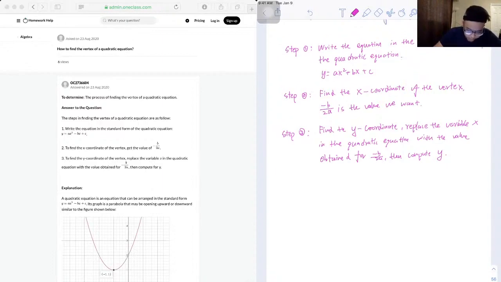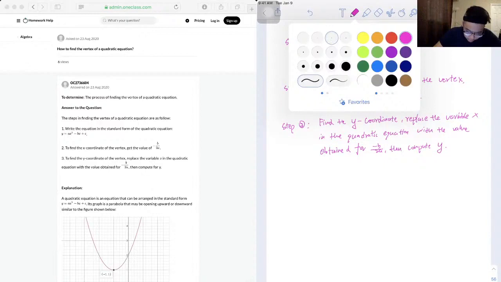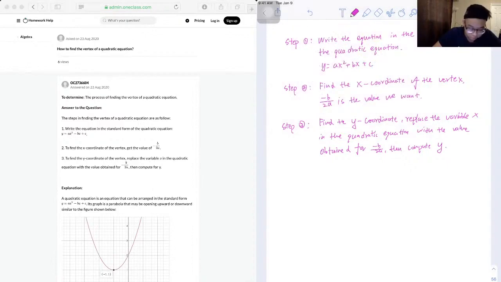And usually the y value can always be represented by 4ac minus b squared over 4a.